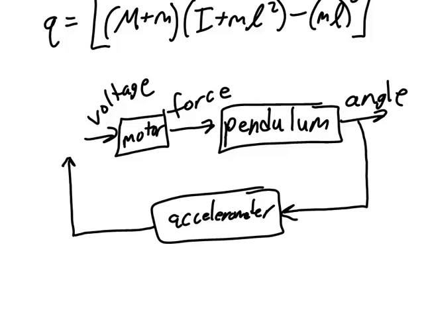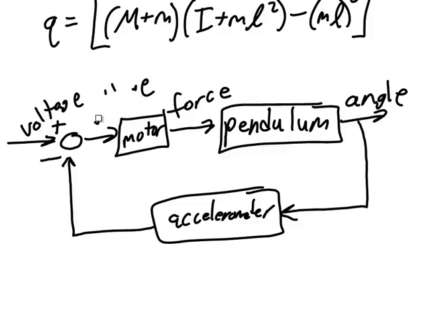Now let's suppose that we hook up this accelerometer to the same circuit that is controlling this motor. And let's say that we hook it up so that the voltage reported by the accelerometer gets subtracted from the voltage that we're going to be sending to the motor, so that what we give to the motor is actually the difference between the voltage, let's say from our battery, and the accelerometer.